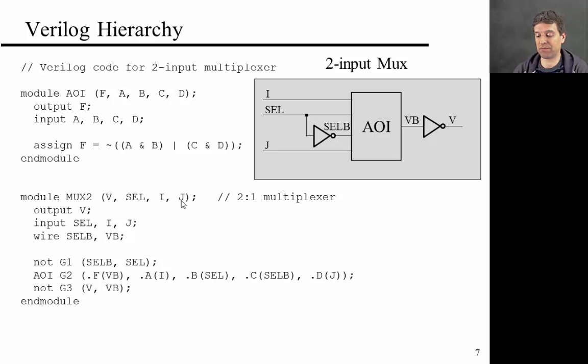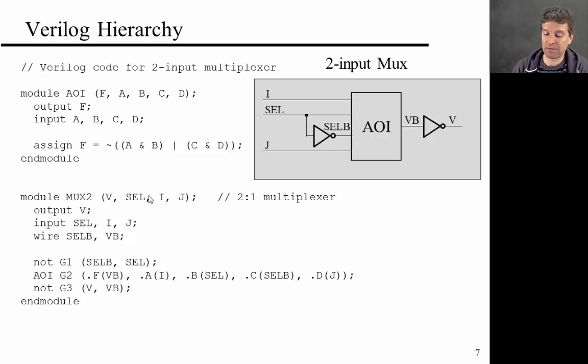Again, this module has a few variables. The output is V, inputs are select, I and J, and then there are 2 wires that create internal connections.